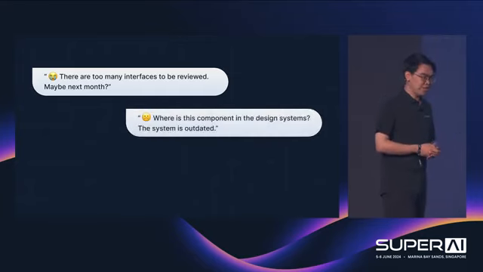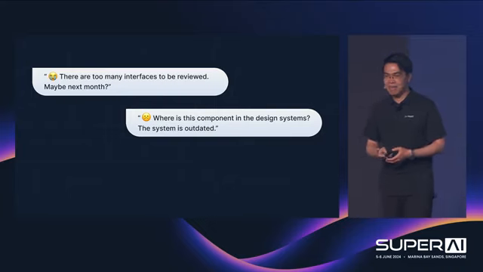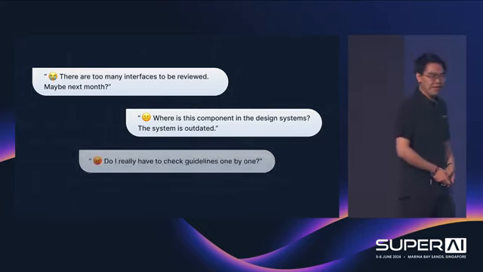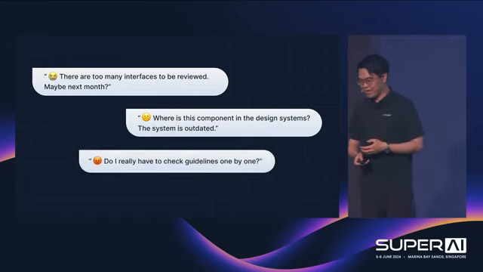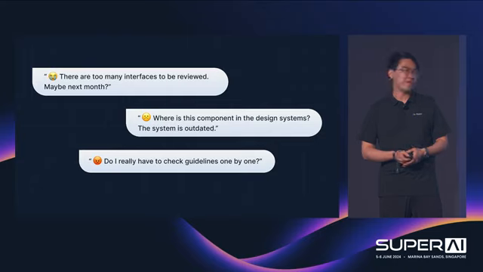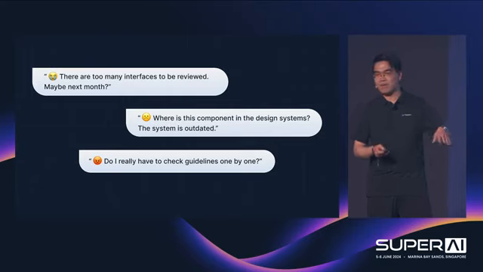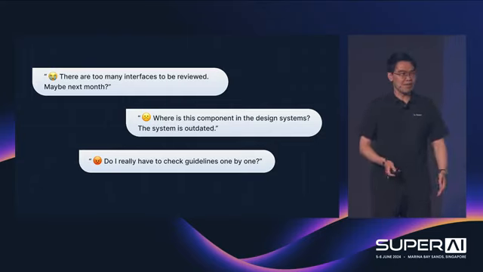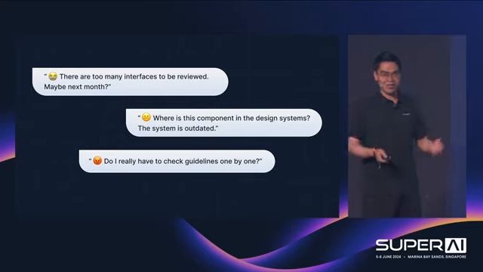Some teams said that their business changes too fast, and they don't have time to update their design system, so it's out of date. And I also heard from many designers that it's very tough. Every time I finish my designs, I need to check one by one with the guidelines. It's harmful for my eyesight, like this.